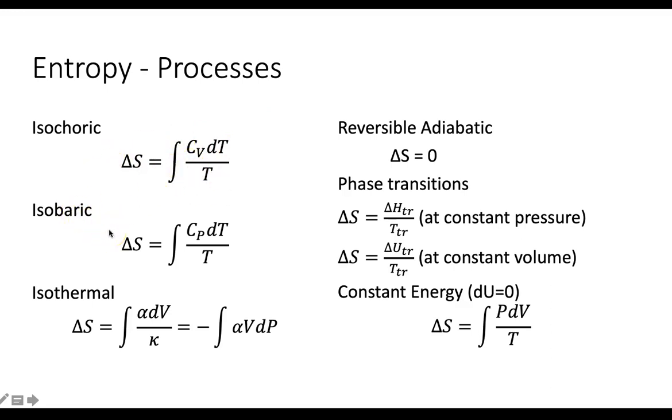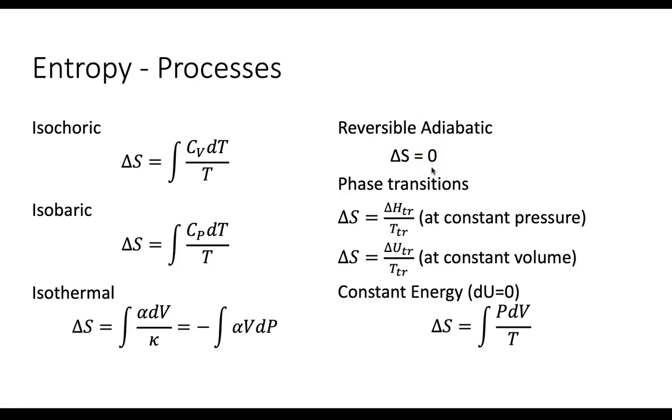Isobaric, we use the second term in our differential, make dP equal to 0, and that is the entropy. If it's isothermal, we have two different expressions in terms of our mechanical properties or in terms of our equation of state, which I have not related here, but you would have to derive back from a couple slides ago. And then we have the special case of reversible adiabatic. That's the case where Q is equal to 0. In that case, delta S is equal to 0. We have no entropy change.